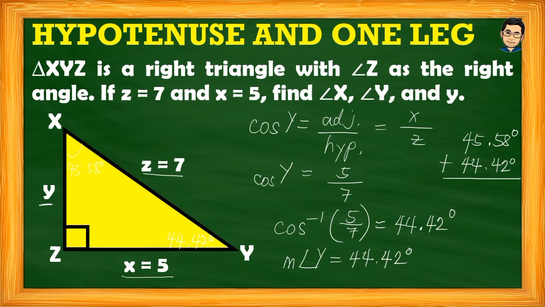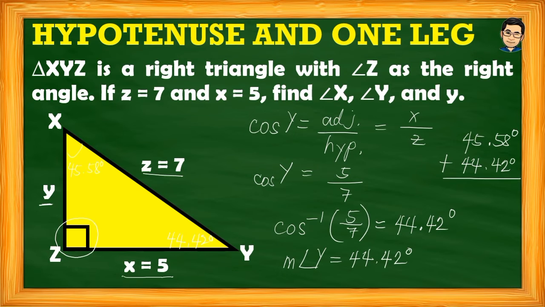Sir, bakit 90 lang po ang kailangang makuha? It's because yun po kasing right angle natin dito, hindi na natin kailangan sukatin pa. It's because ang sukat niya is 90 degrees. So, 90 plus 90, that is equal to 180 degrees. The sum of the interior angles of a triangle.